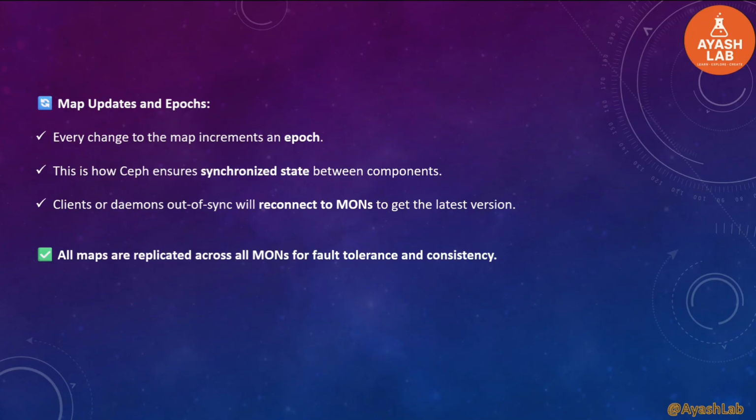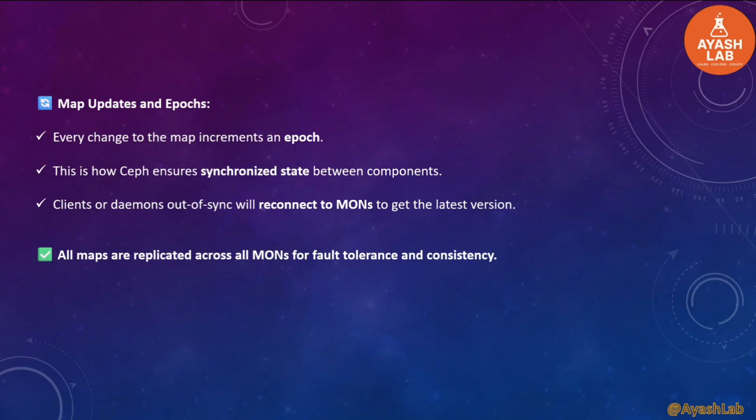Let me give you a quick summary. Basically, mons don't carry data; they carry knowledge about the cluster, and that knowledge is shared in the form of different types of maps, constantly updated, distributed, and versioned.